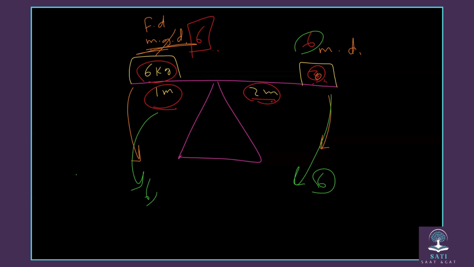So if clockwise is positive, this counterclockwise will be negative. So when you add them here, you get 0. So if the torques clockwise equal the torques counterclockwise, the sum of the torques is 0. If the sum of the torques is 0 and the sum of the forces, downward and upward, on an object is also 0, the object or the system will be at equilibrium.